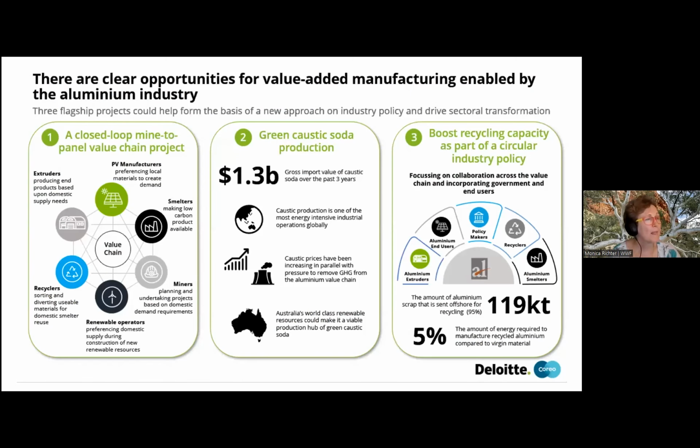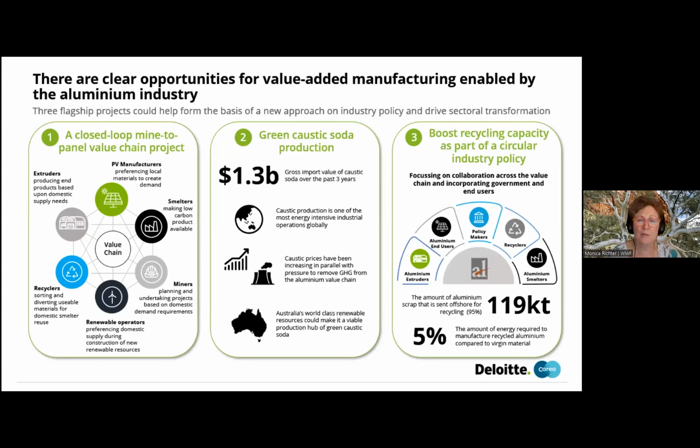And of course, there are major opportunities to be thinking about not just primary aluminium, but being able to reuse secondary aluminium products, recycled aluminium products. And I think over the next 10 years, we'll start to see some investment in recycling facilities here in Australia to be able to allow us to do that.